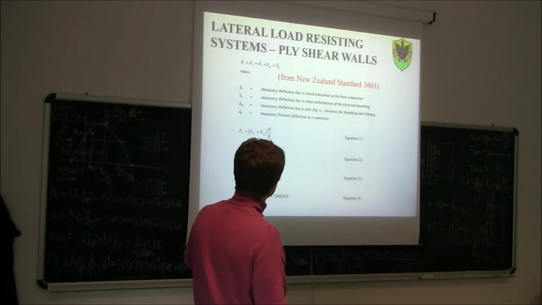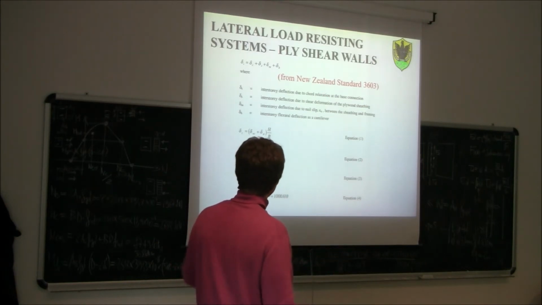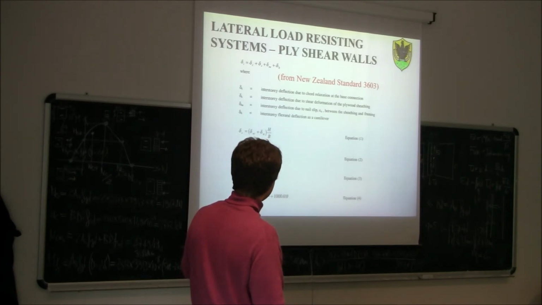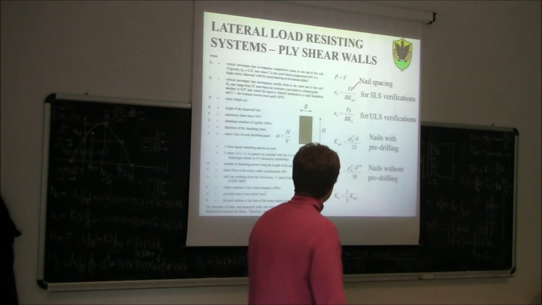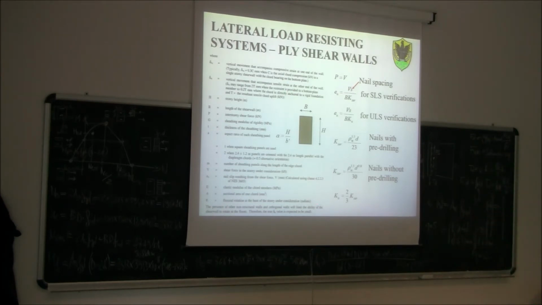The first component is chord relaxation and base connection, so this will basically be the rigid rocking. Then we have the shear distortion of the sheathing. Then we have nail slip, and then we have the bending flexibility. Here you have the explanation of the symbols. With this formula, we are able to calculate the top wall displacement due to the horizontal seismic force.